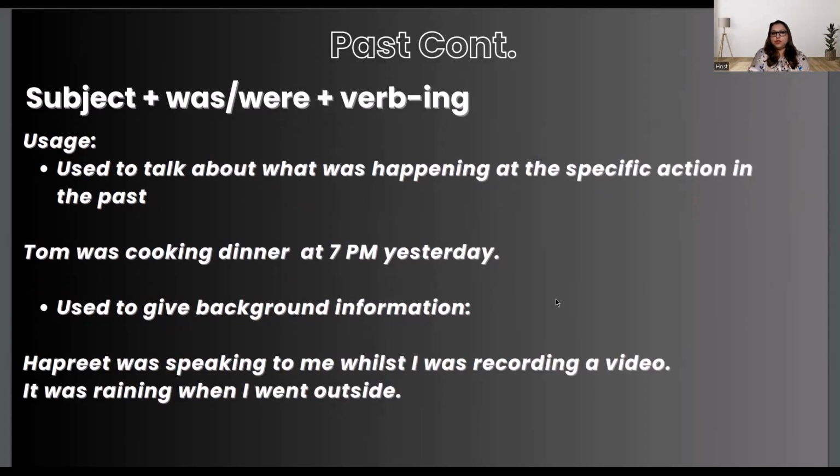Now the past continuous. Usage: used to talk about what was happening at a specific time in the past. Tom was cooking dinner at 7 p.m. yesterday. The past continuous tense has a different sentence structure: subject, was or were, plus the first form of the verb with ing.